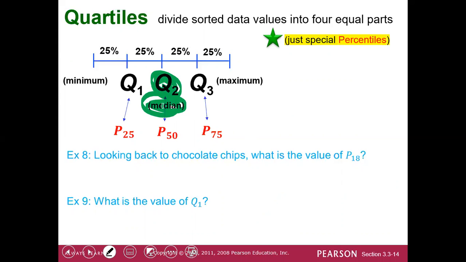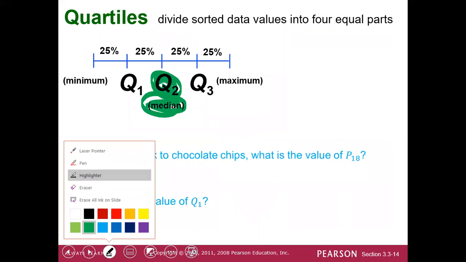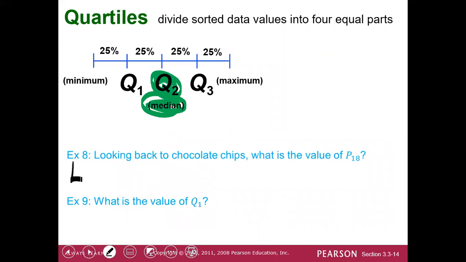So for example 8, looking back at the chocolate chips, what is the value of P18? Okay, so we've got to first look at this flow chart here. Sort the data, we know it's already sorted. Compute L, which is K over 100 times N. So L is K, which is the percentile, 18, over 100.